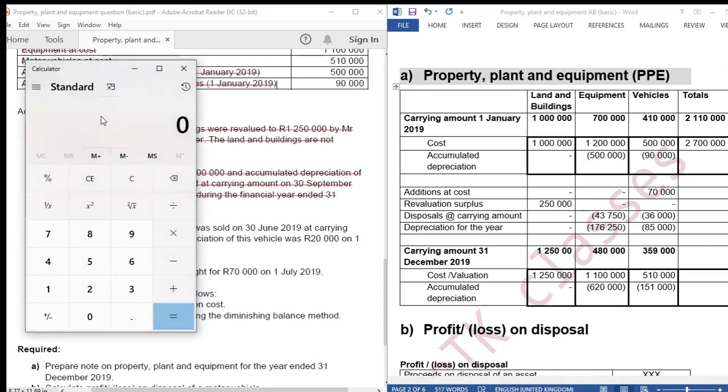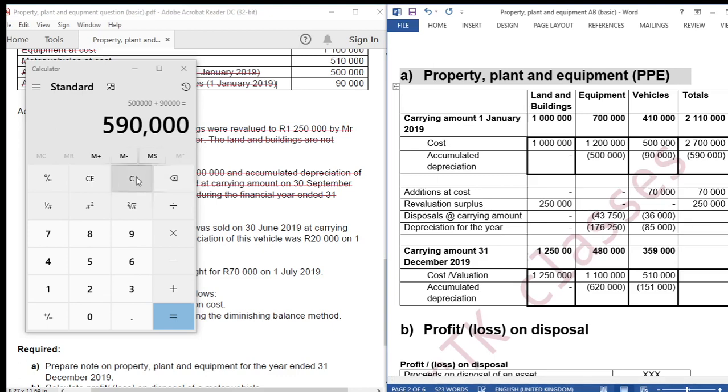Then here 500,000 plus 90,000 is equals to 590,000. 70,000 here, 250,000 here.